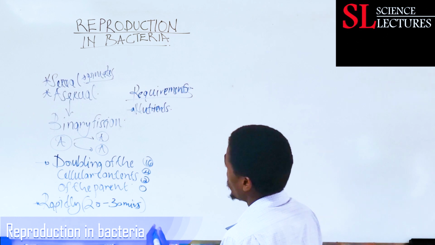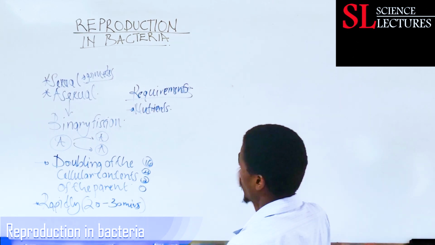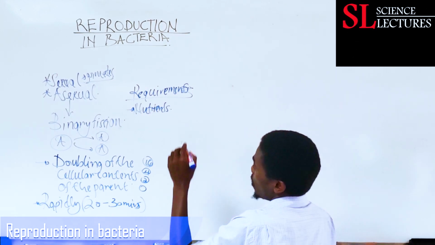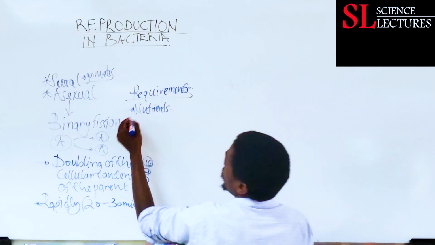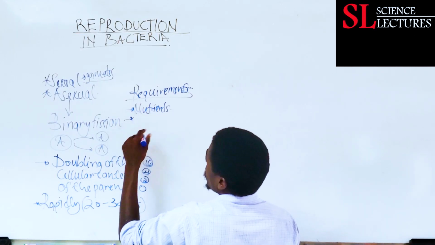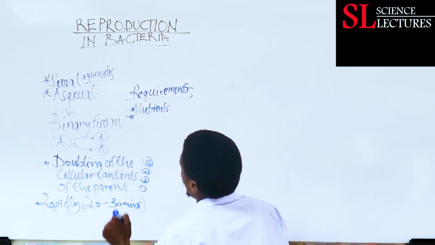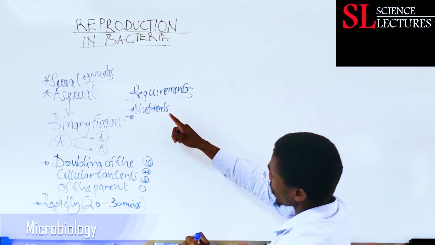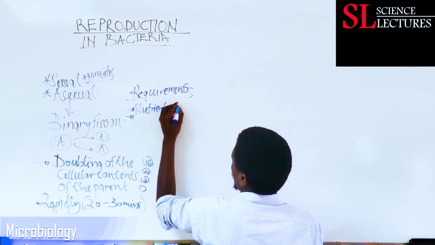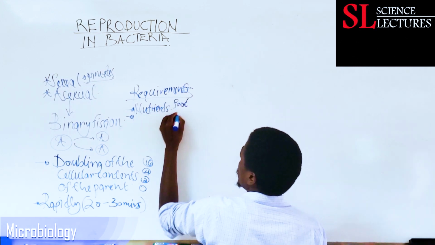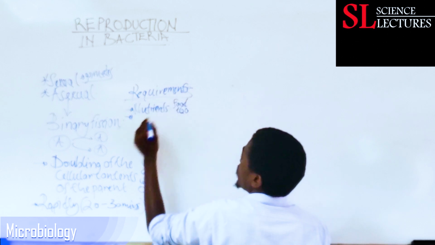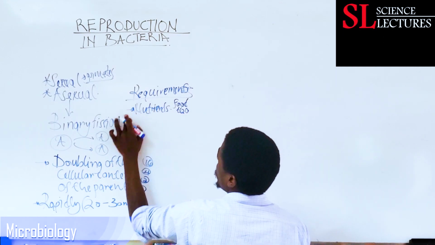Then micronutrients like selenium, tungsten, vanadium, cobalt, silicon. Some bacteria require heavy metals to work as cofactors for their enzymes. So that is nutrients being present. Let's say we have food present, we have water there, and no congestion.